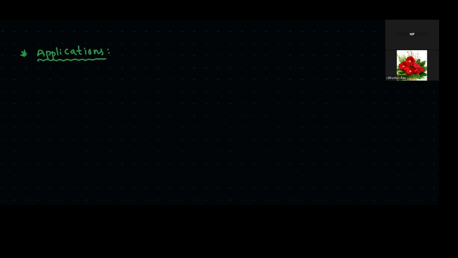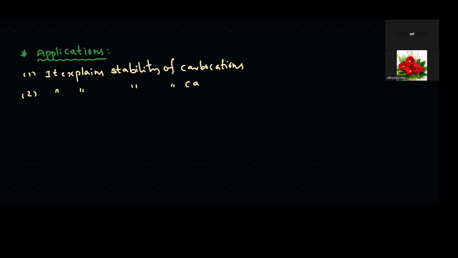First application is it explains the stability of carbocations. Second, it explains the stability of carbanion. Carbocation means C plus, carbanion means C minus.